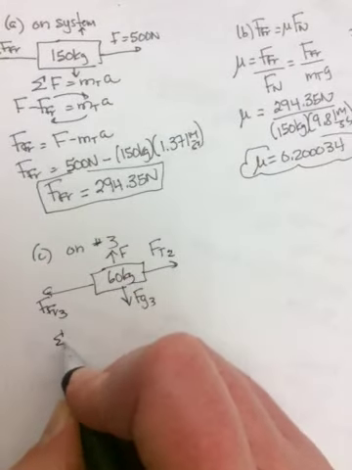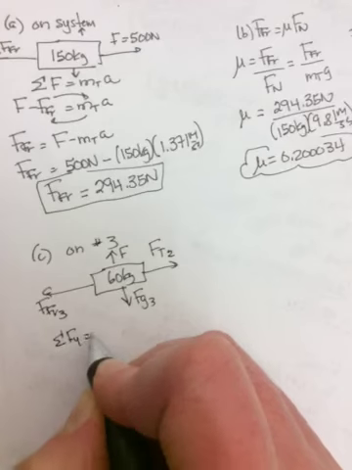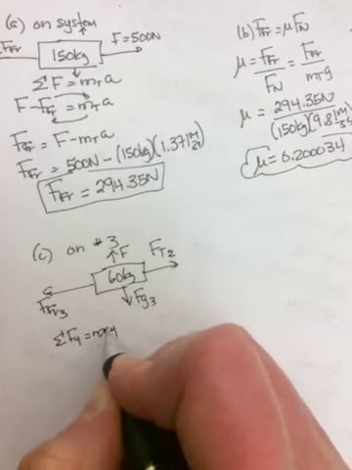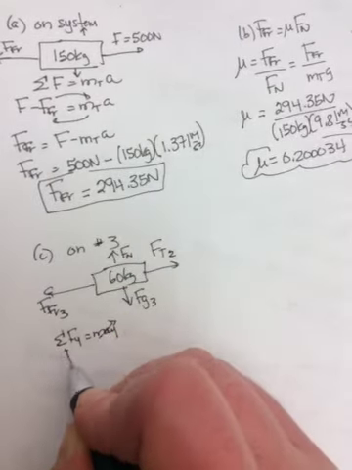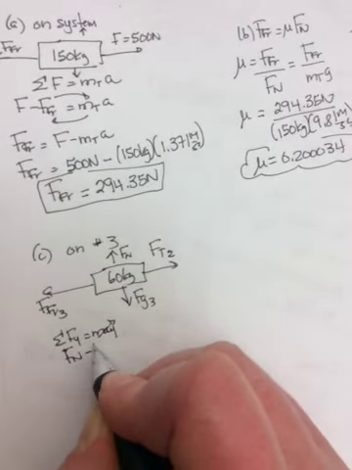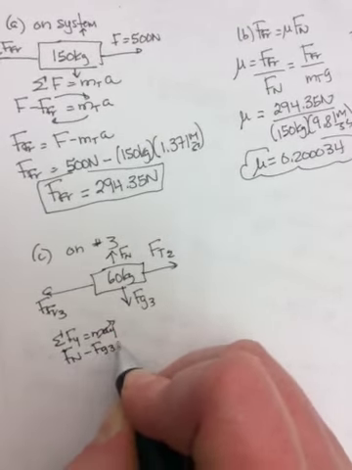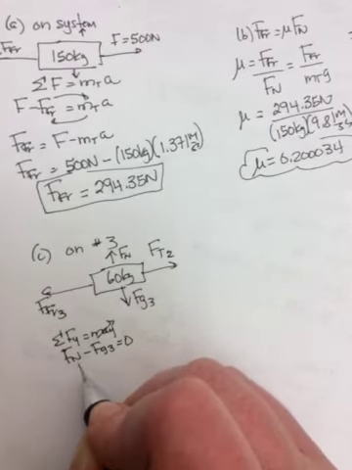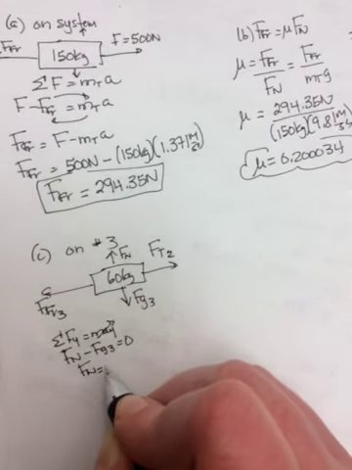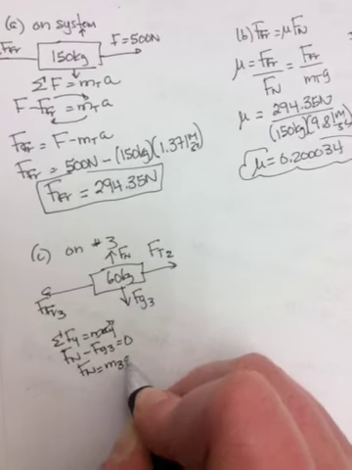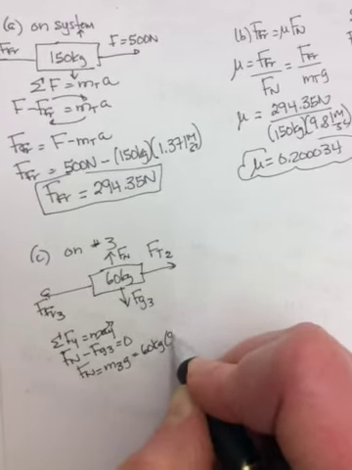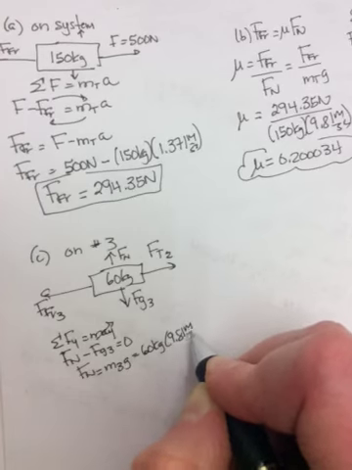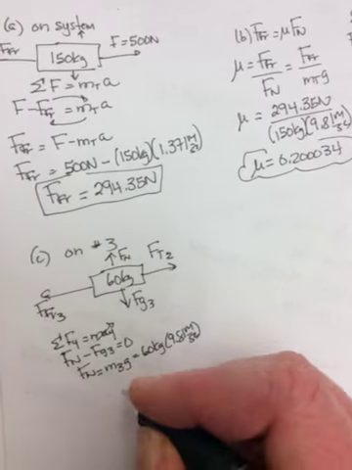So we do sum of the forces in the y direction equal to MAy, which will be 0. So Fn minus Fg3 will equal 0. So Fn will equal M3G. So 60 kilograms times 9.81 meters per second squared.